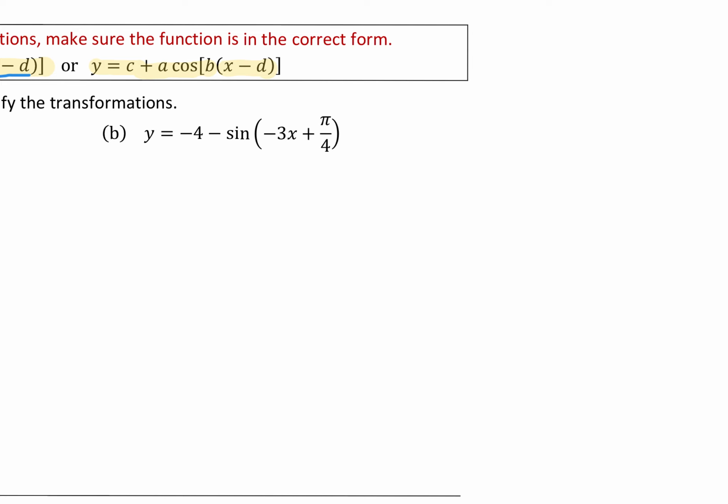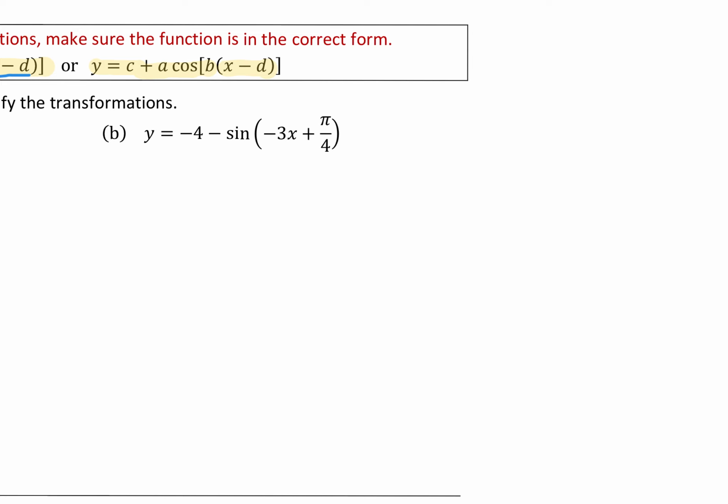But we can't pull it out until we actually factor out that negative 3. I just can't pull that negative out because in the parentheses, the minus 3x plus pi over 4 is one piece. So if I pull the negative out from the x, I also have to pull a negative out from the pi over 4. Let's go ahead and write this in the correct form.